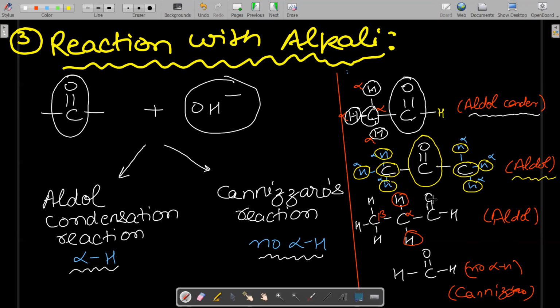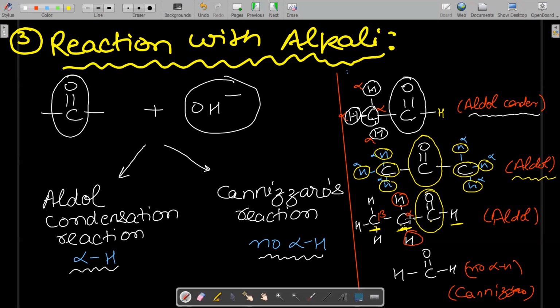Now moving toward the next example, this is again a CO group. On this side there is no alpha carbon, but on this side there is one alpha carbon. After the alpha carbon, the next carbon is the beta carbon. The carbon directly attached to the functional group is called alpha, and the next is beta, then gamma, delta, and so on.